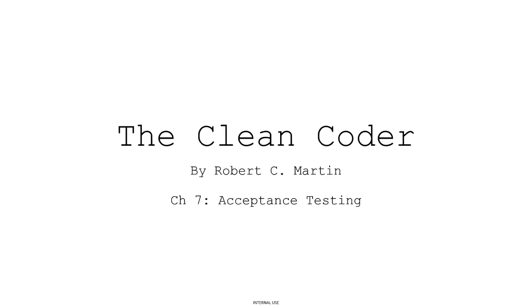My name is Chris, and today we're going to be talking about the book The Clean Coder by Uncle Bob C. Martin. If you remember, last time we talked about Chapter 6, which was all about practicing and the importance of practicing when we consider ourselves professional software developers, and how practice is key to making somebody a professional.